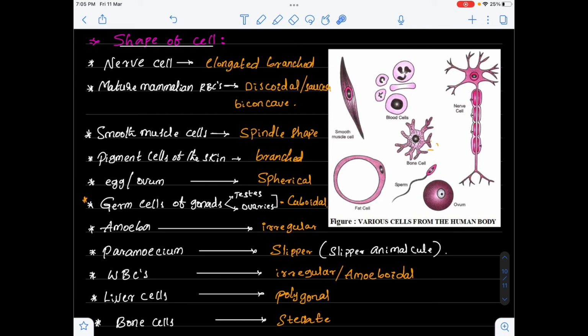For example, if we touch any hot object, immediately thermoreceptors present in the skin receive that information and send it to the sensory neurons. The sensory neurons will carry that information to the central nervous system, that is either to the brain or to the spinal cord.